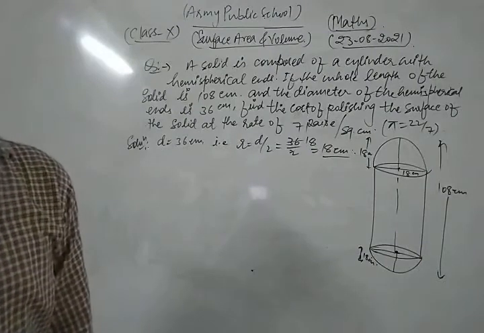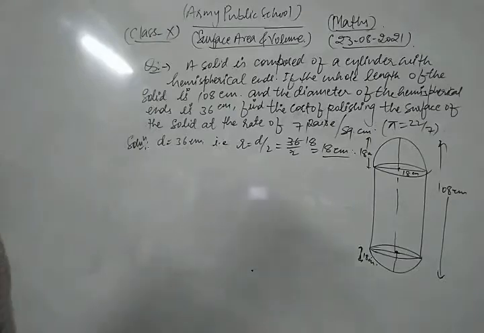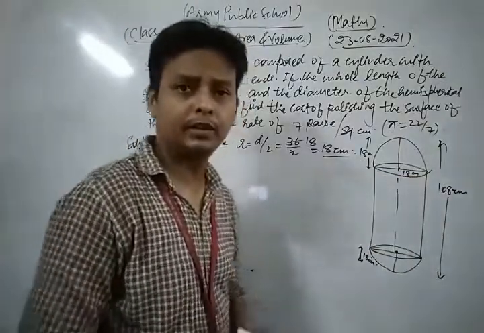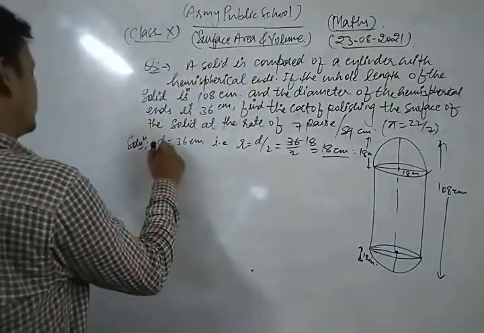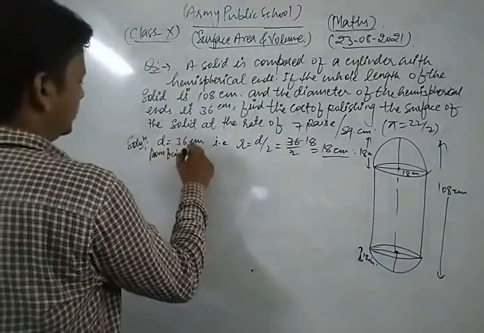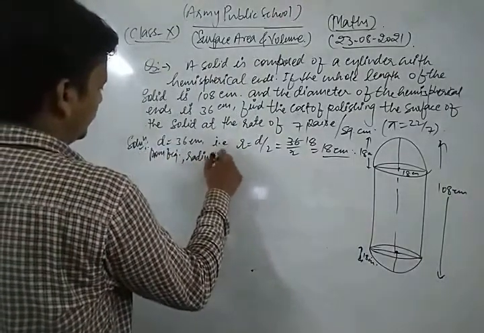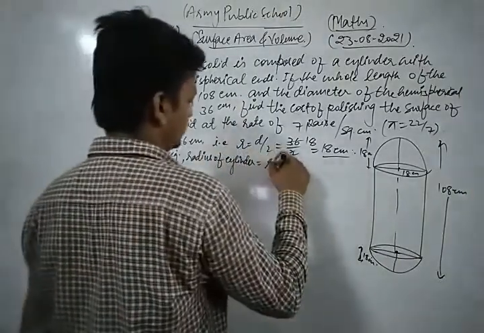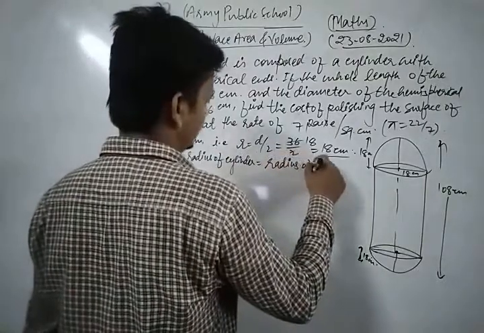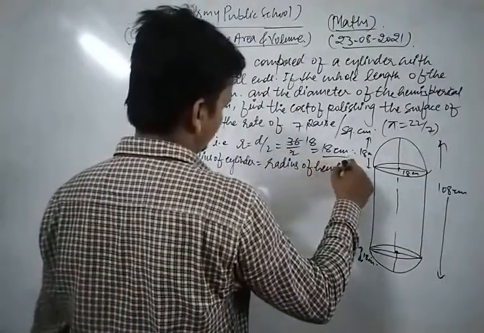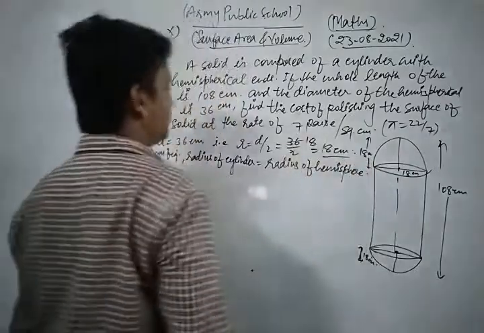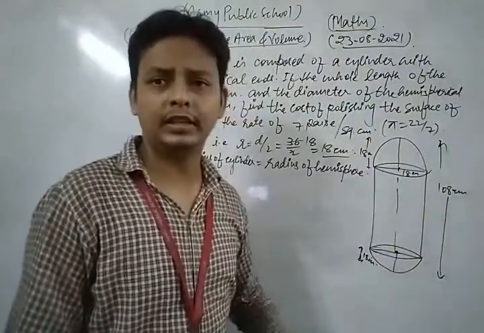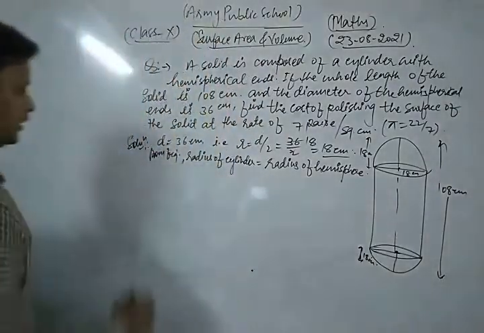Here it is clear from the figure that the radius of the cylinder is the same as the radius of the hemisphere.